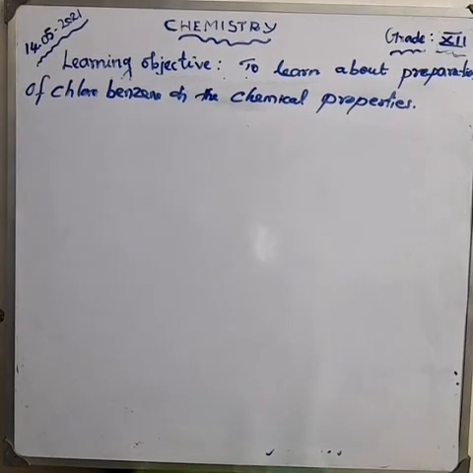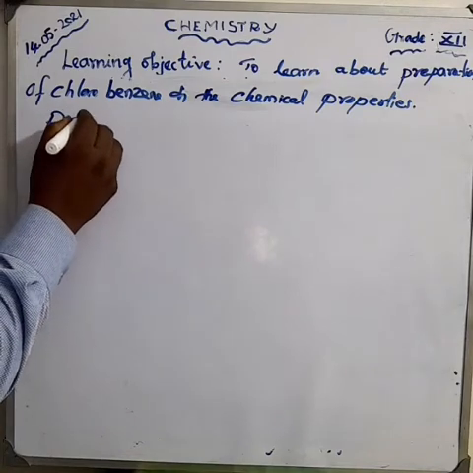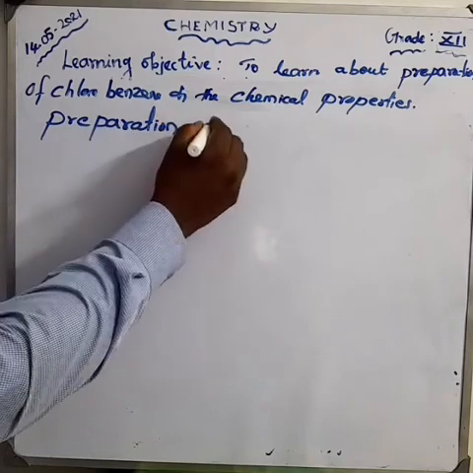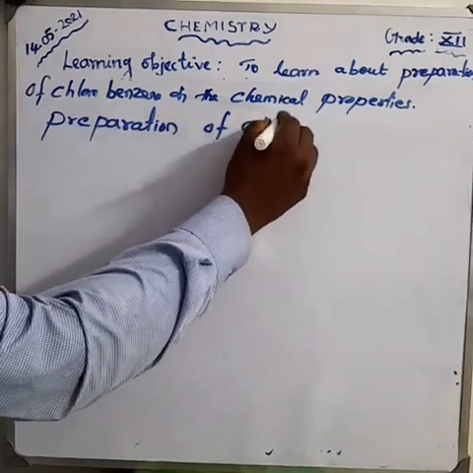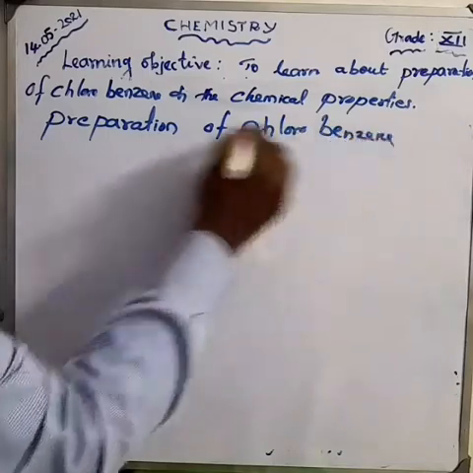Next, we can discuss the preparation of chlorobenzene. That means one chlorine atom is attached to the benzene.